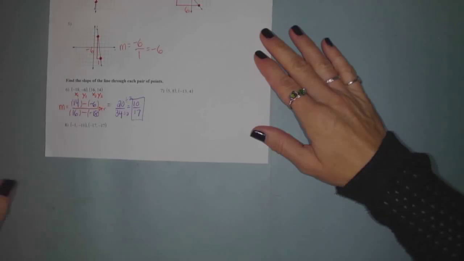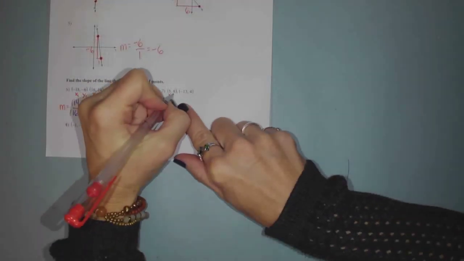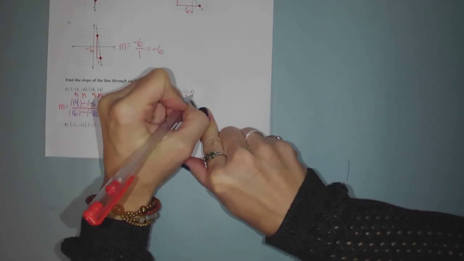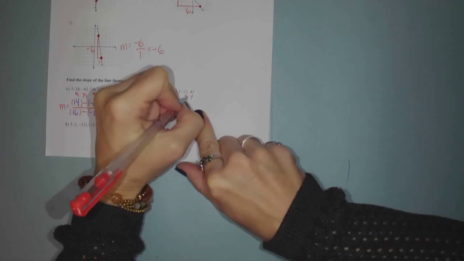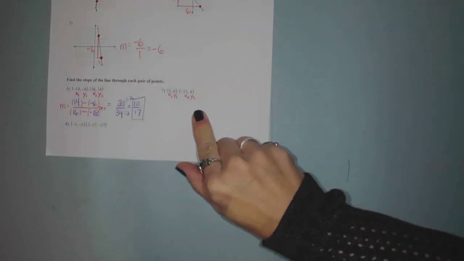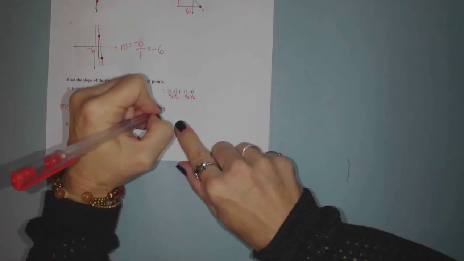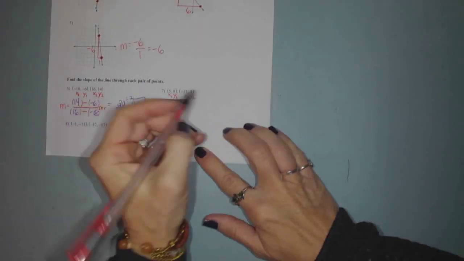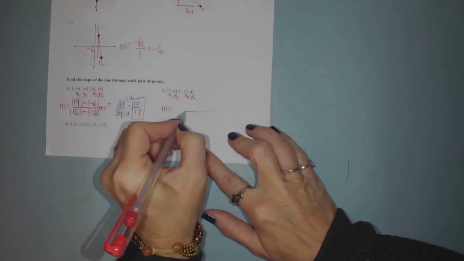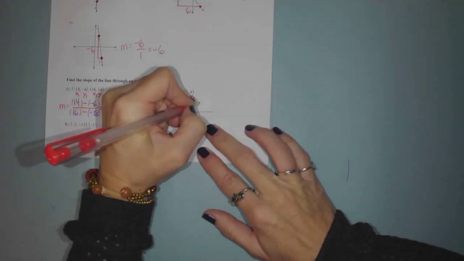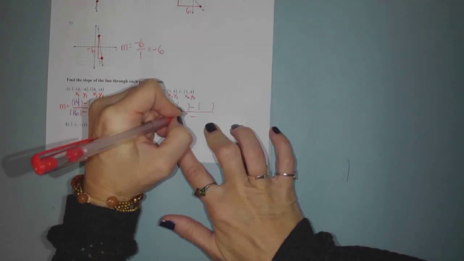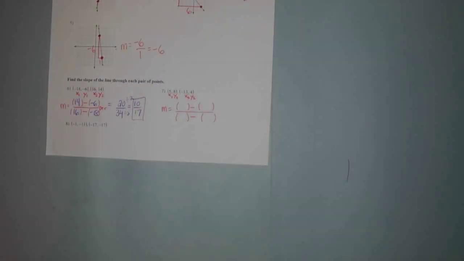So number 7, we have 2 ordered pairs. So we've got an x and a y, an x and a y, and we've got our first set, and we've got our second set, and we've got m equals, I'm going to draw my division bar with a minus here, and 4 different sets of parentheses for my numbers to slide in.